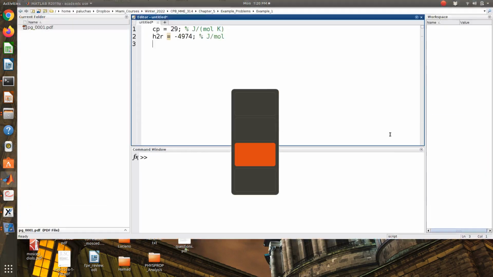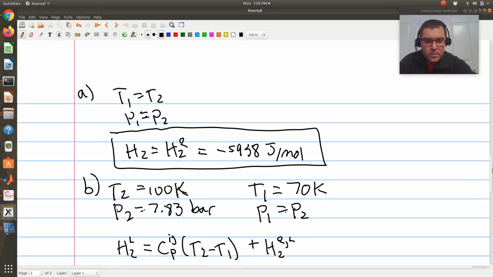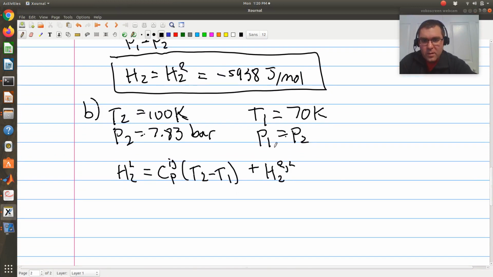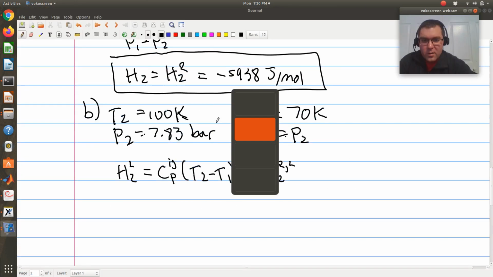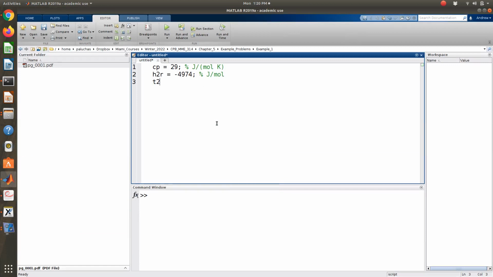And then I just need T1 and T2. I want the liquid value. T2 is 100 Kelvin, and T1 was equal to 70 Kelvin. So H2 is equal to Cp, my ideal gas heat capacity, times T2 minus T1, plus H2R.